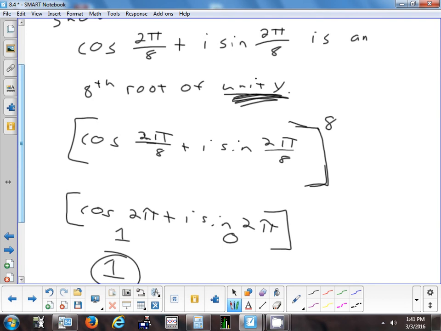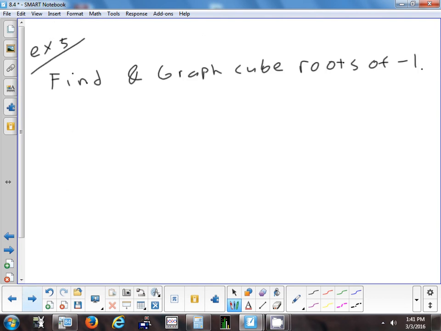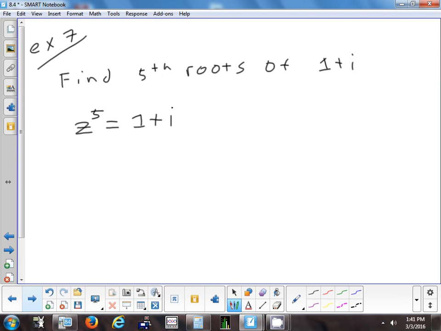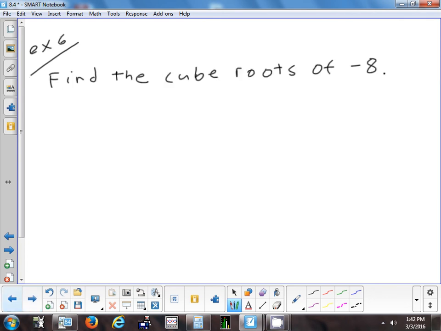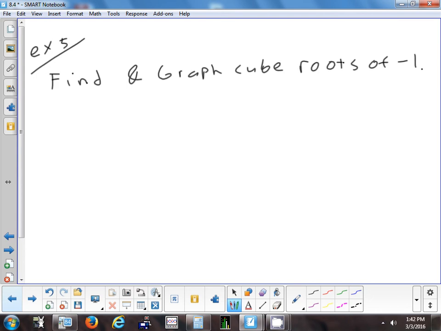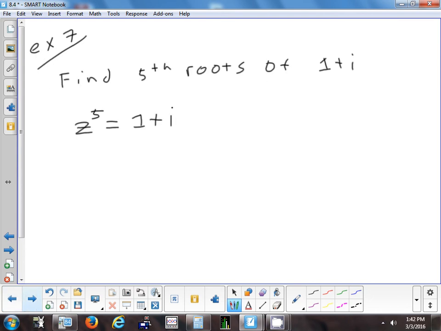All right, so the last, we have 2 that are easy and then 1 that's a little harder. Let's do the harder one first, and then if we have time, we'll go back and do one of these easier ones. All right, z to the 5th equals 1 plus i.